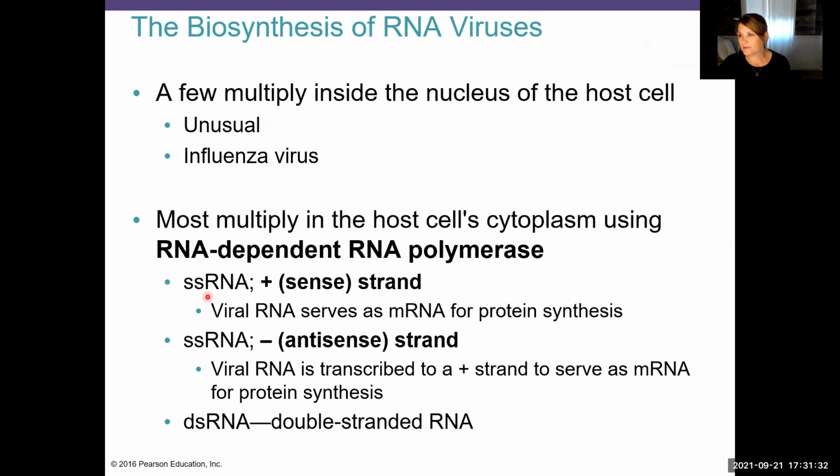These are the other types of RNA viruses. Most of the rest, not influenza or this group, multiply in the host cell cytoplasm. And they use an enzyme called RNA-dependent RNA polymerase. That's unique to a virus. Normally in our cells, in other eukaryotic cells, what enzyme makes RNA from DNA?